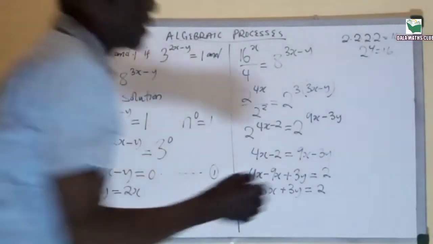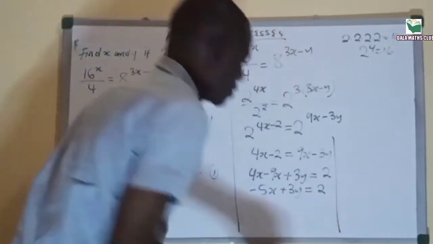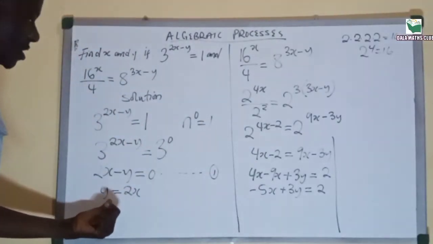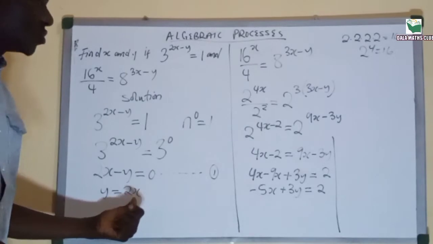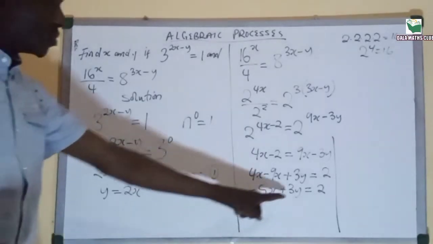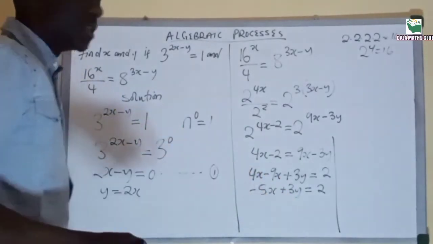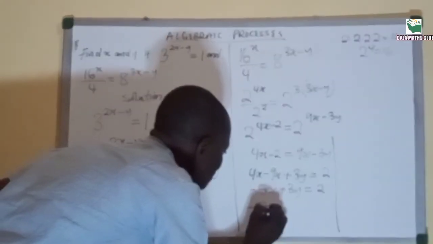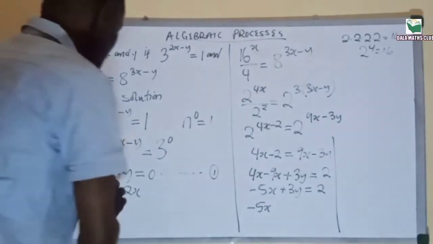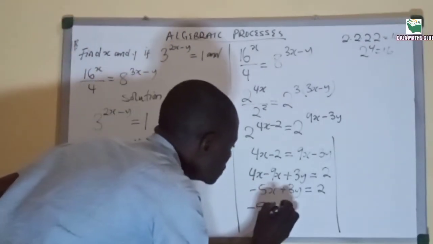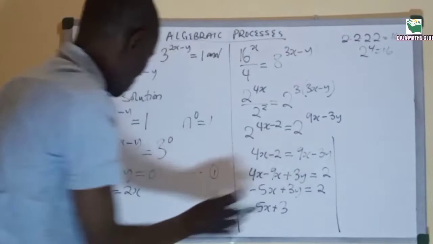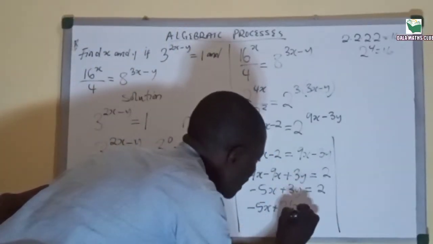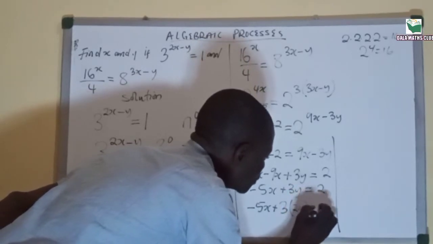The next thing here is to substitute this value that we have. We have y is equal to 2x. So wherever we have y, we have to substitute it in this given equation. So now we have minus 5x, how we are following, then plus 3, where we have y, we change it to 2x, then multiply by 2x is equal to 2.